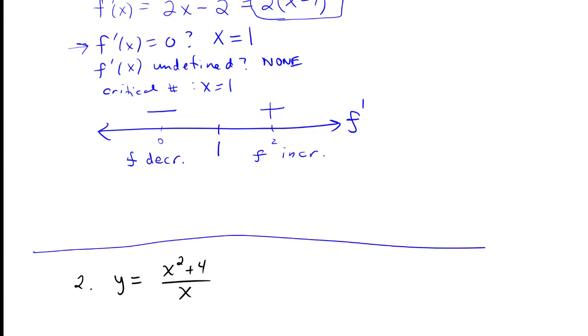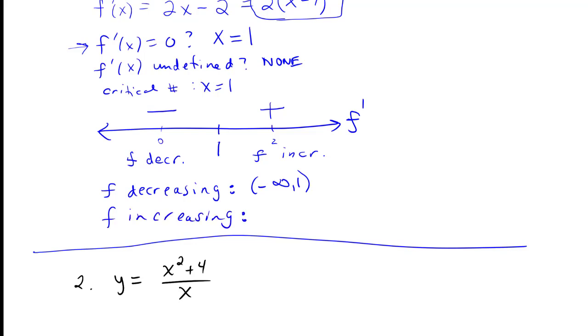It's telling me that f is decreasing on this interval less than 1, so negative infinity to 1, and f is increasing from 1 to infinity. So I've been able to find out exactly where the function is increasing and decreasing.